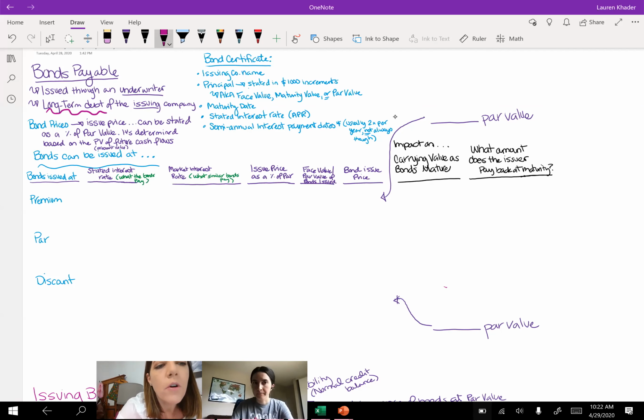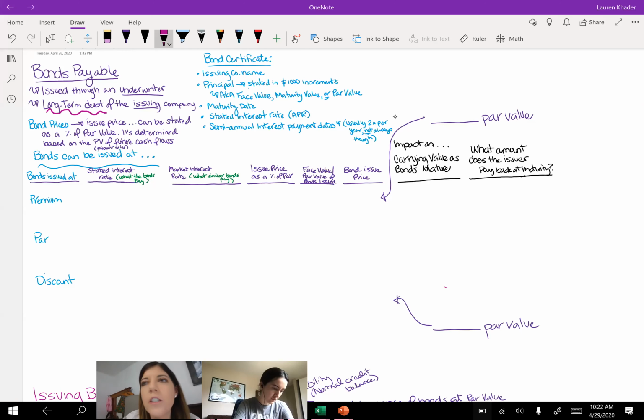For our bond prices, bonds are listed and the face value of those bonds is going to be different than the issue price. The issue price is how much we're actually going to receive in cash from the companies that are purchasing our bonds.